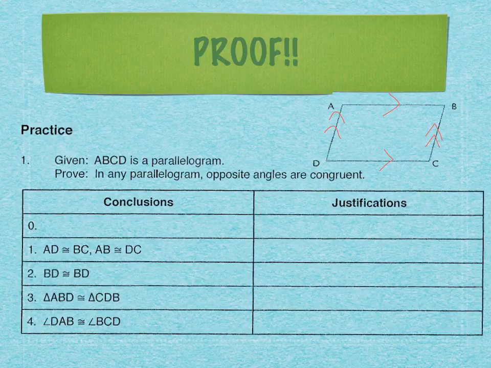Now I want to show that any parallelogram has opposite angles that are congruent. If I look in my proof that's already set up here, I'm going to pick one of my opposite angles. It's going to be DAB, my angle up here on the top left, and angle BCD. I'm going to show that just those two are going to be congruent to each other.